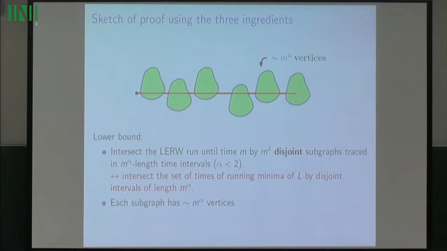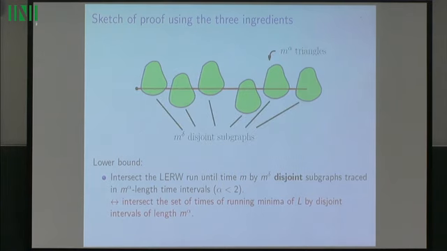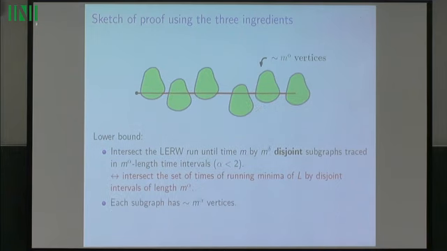And so now, I chose each of these subgraphs to have m to the alpha triangles. But in fact, again, by analyzing the random walk using something like Hoeffding's inequality, we can deduce that each of these subgraphs will contain on order m to the alpha vertices of my random planar map.